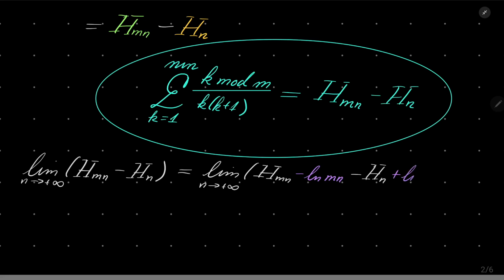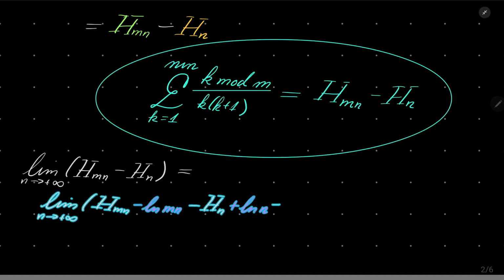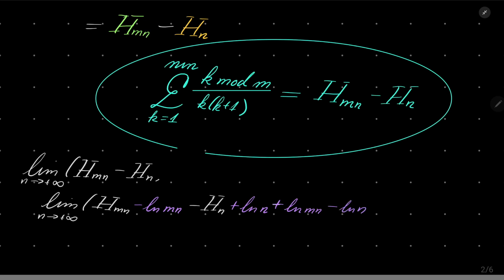or add this time natural log of n, but I can't just simply subtract some natural log and add something else. Now I'll have to add the missing terms, but I don't have space, so okay, plus natural log of mn, minus natural log of n.